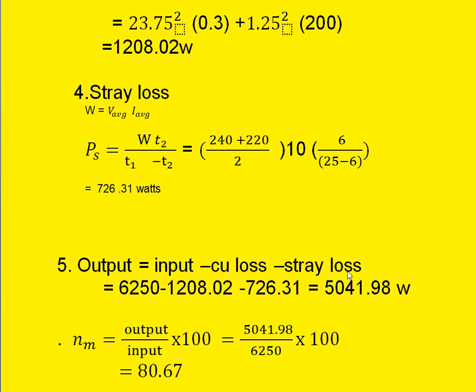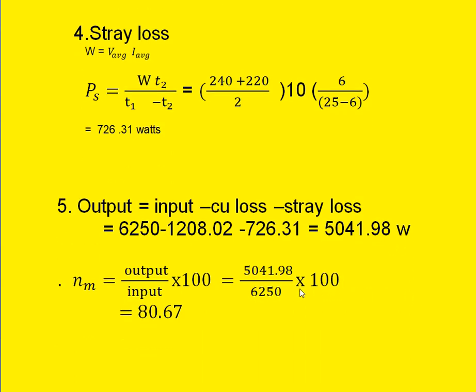So subtract those losses from the input to the motor, then we get the output, that is 5041.98 watts. Once you know the output and also the input, then we can calculate the efficiency. Efficiency is nothing but output by input into 100. So output is 5041.98 divided by 6250 into 100. Then we get 80.67%.